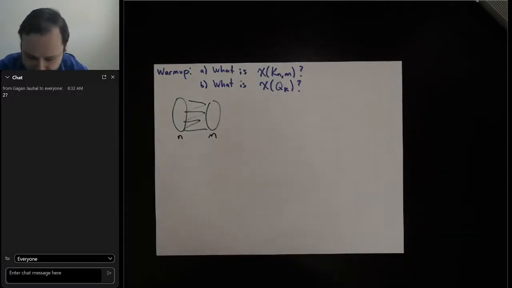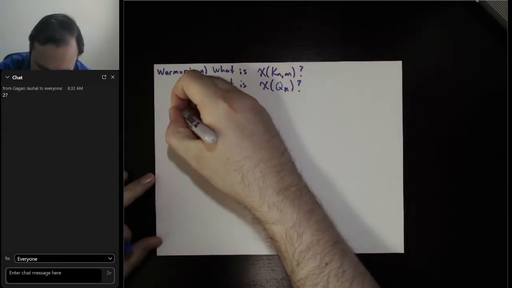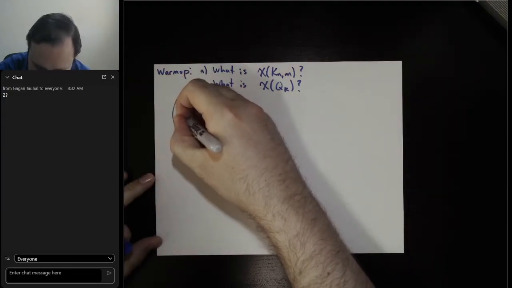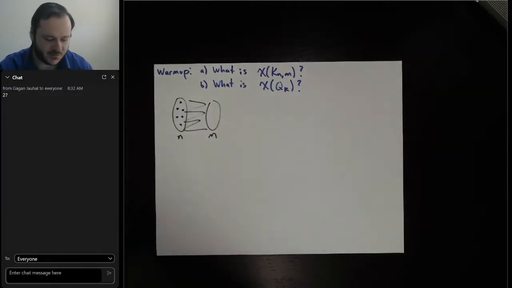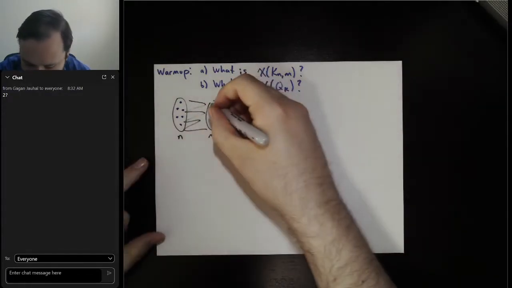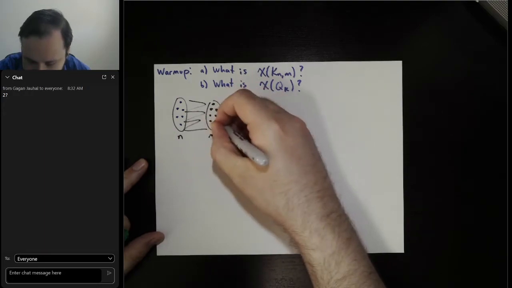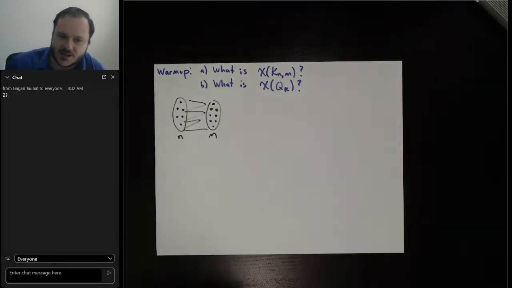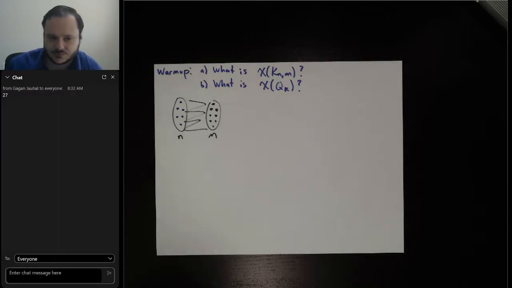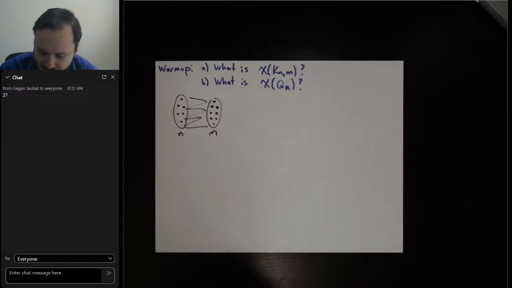Only takes two colors, right? I can make all of these blue. And I can make all of these over here green. And there's no problems, because the edges only go across from one side to the other. So this is a bipartite graph, right? This is a complete bipartite graph.